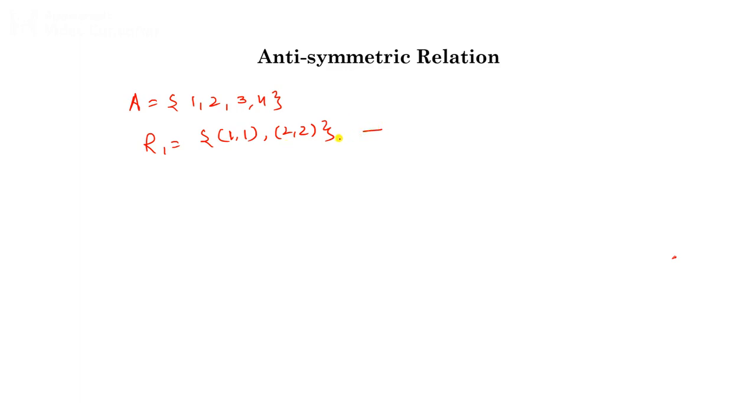This relation is antisymmetric because here x and y both are 1. So x related to y, y related to x, and x equal to y. Similarly, here x and y both are same, equal to 2. So x related to y, y related to x, and x equal to y. So this relation is antisymmetric.